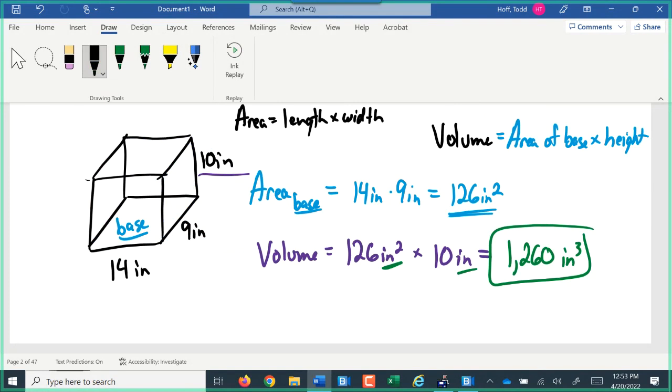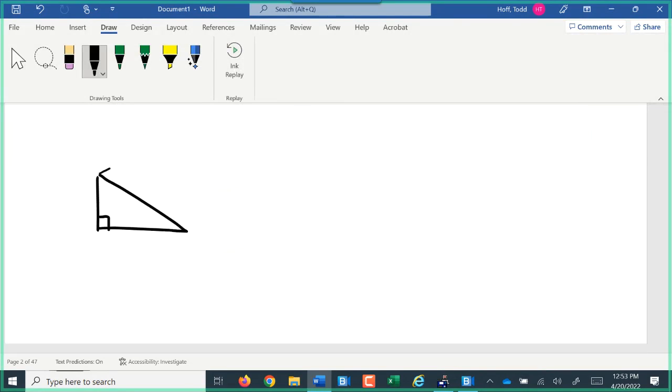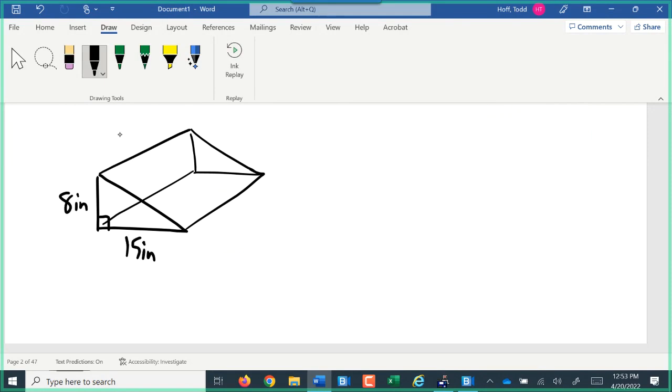Not all of our solids are going to be boxes. Again, not all of our solids are going to have the base on bottom. So let's say that this is 8 inches, 15 inches, and 25 inches.